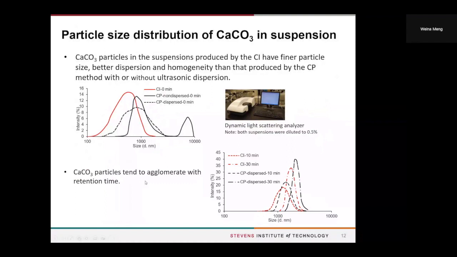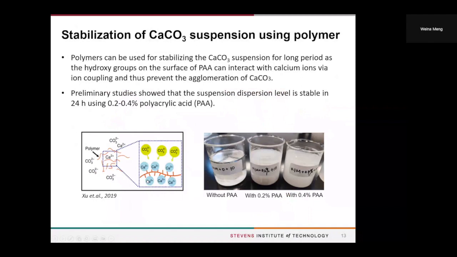We don't want that to happen. Because of that, for now we're trying to use some cost-effective technology to stabilize the calcium carbonate particles in the suspension for a longer period of time.